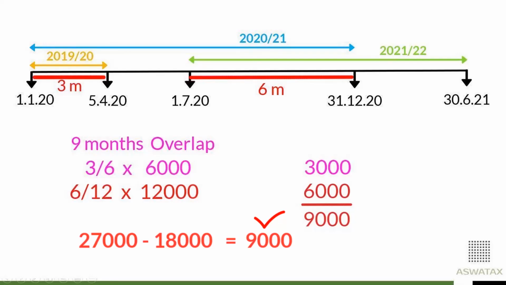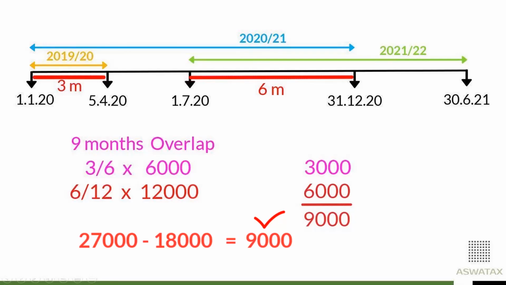I'll mention again for completeness purposes and to retain the knowledge, overlap profits would be relieved on cessation of trade or on the change of an accounting period date. That's when overlap profits would be relieved.